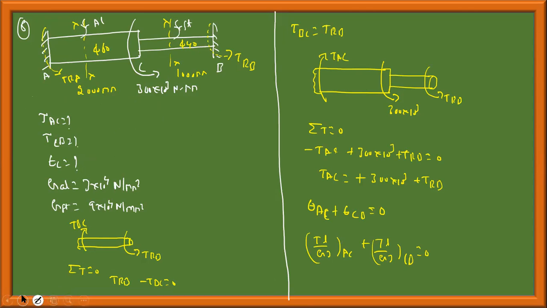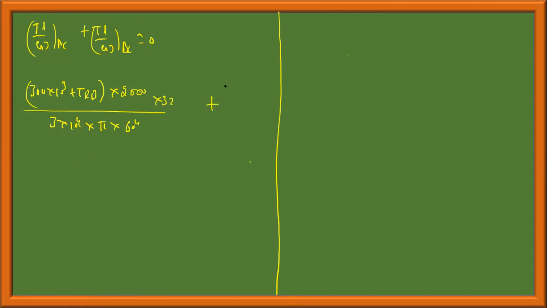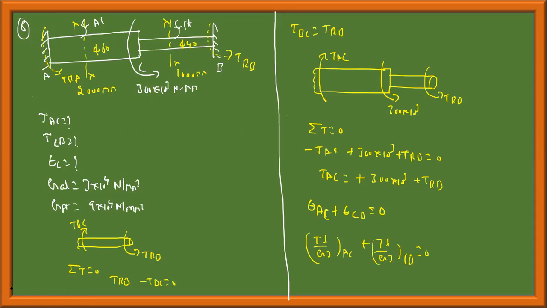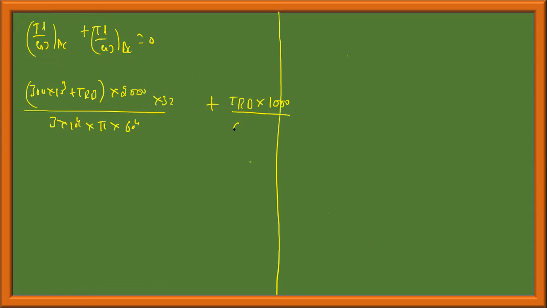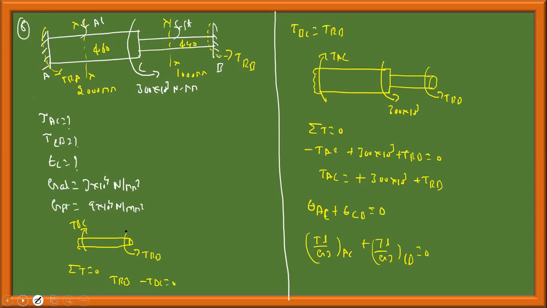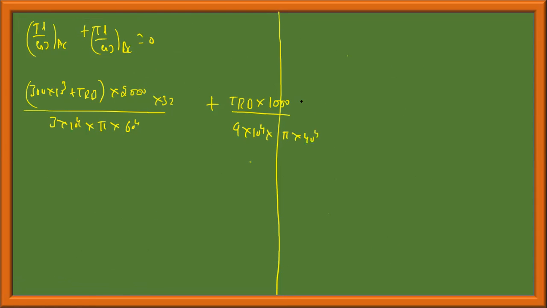T in section AC is over. T in section CB, which is nothing but BC, is equal to TRB into length L, 1000 mm, divided by G, which in this case is 9 into 10 power 4, into pi into 40 power 4 by 32.